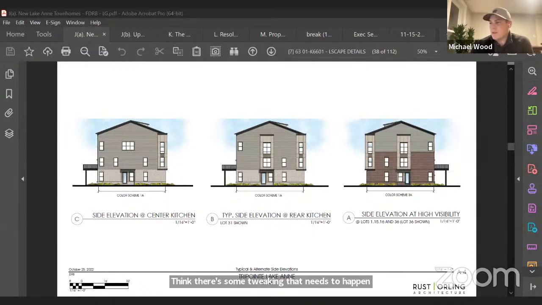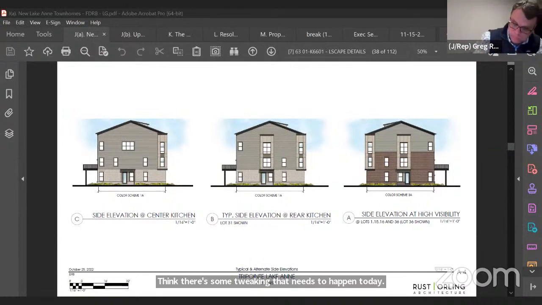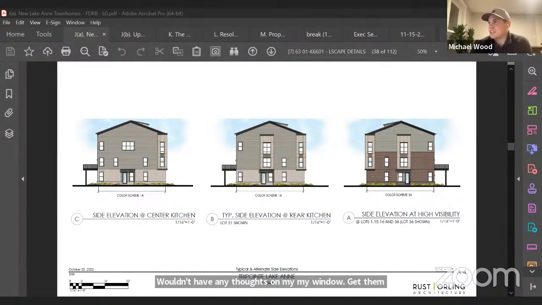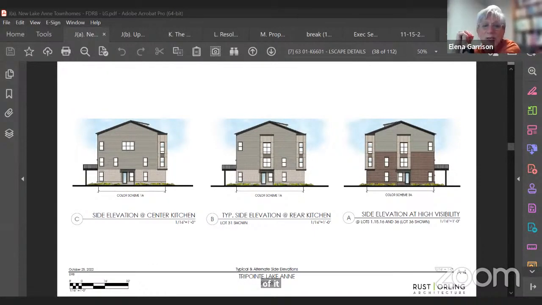Did anyone have any thoughts on my window comment? I feel like it's a pretty substantial change, and I just want to make sure that everyone's aware of it. Yeah, it doesn't bother me as much as it apparently bothers you, but can we look back at the regular elevations?